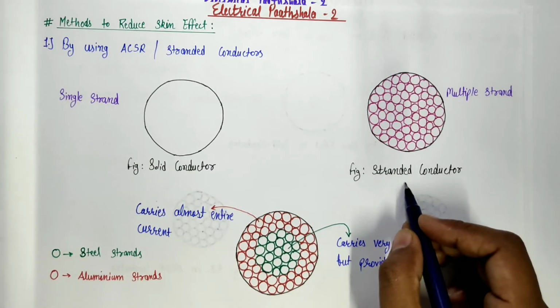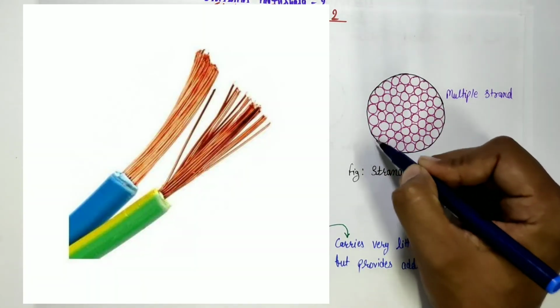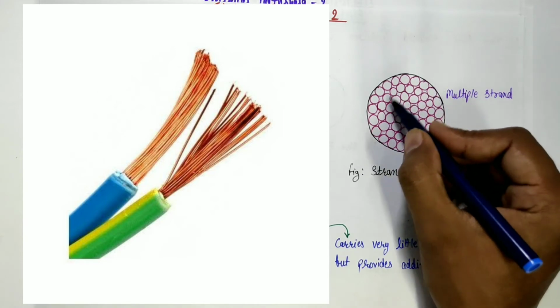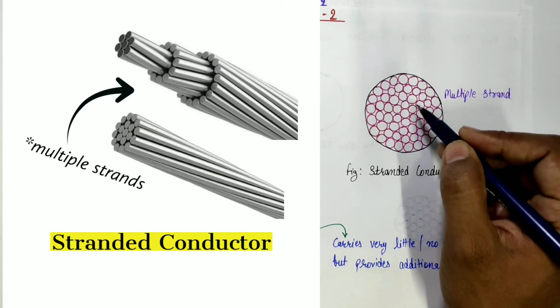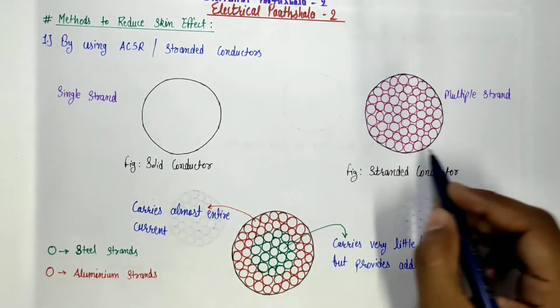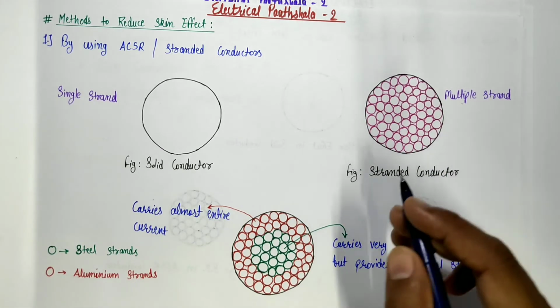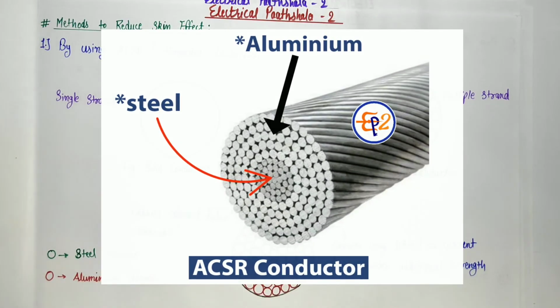Now what is a stranded conductor? Stranded conductor consists of several thin wires of the same and small cross-sectional area. These thin wires of small cross-sectional areas are grouped together to make a single cable, which is known as your stranded conductor. Now our next conductor is ACSR conductor. What is ACSR conductor? Aluminium conductor steel reinforced.